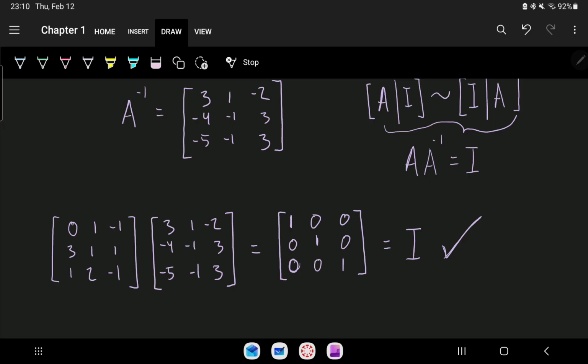And through doing this a billion times, I encourage you to keep an eye on it when you're doing your practice. I have kind of noticed that when you try to form the identity matrix, if you start getting actual numbers besides 0 and 1, I want you to pay attention to where those are, and then go back and fix the error and pay attention to where the error actually was in the inverse matrix.